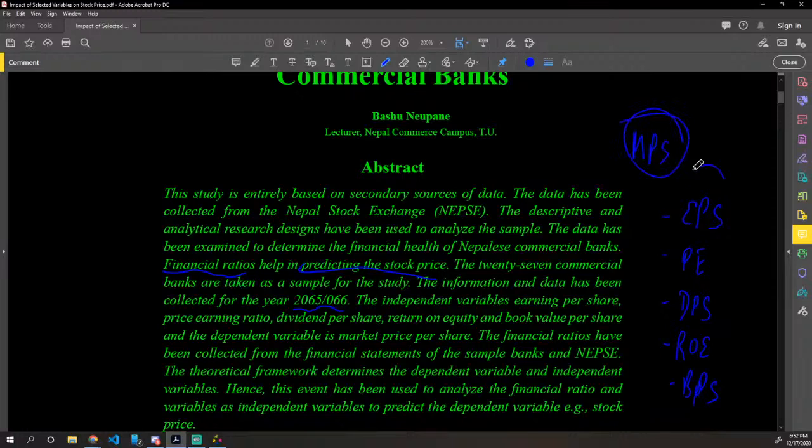So all these are our independent variables. The financial ratios have been collected from the financial statements of the sample banks and websites.